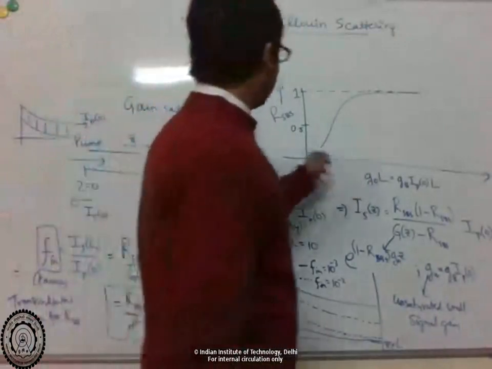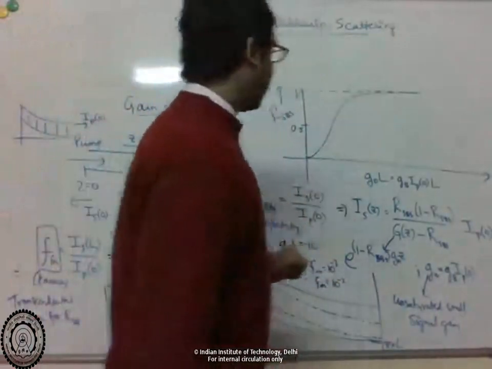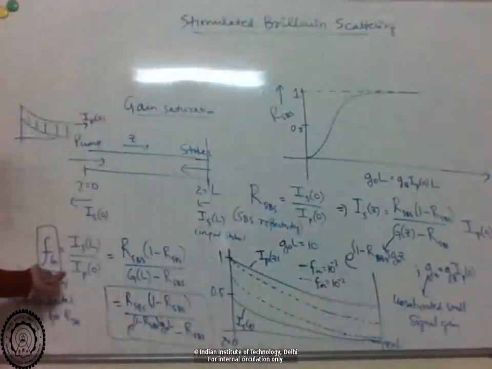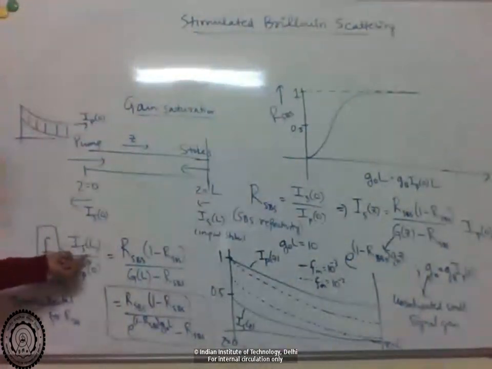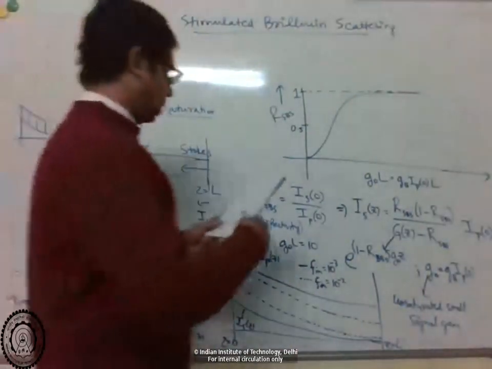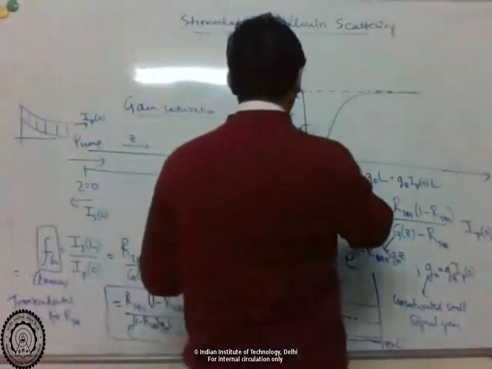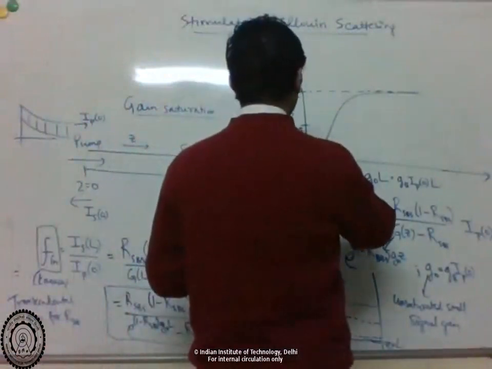So as I increase pump power, the reflectivity increases. And I can plot this for different values of my input Stokes power, for example. So you get different curves for different input values.